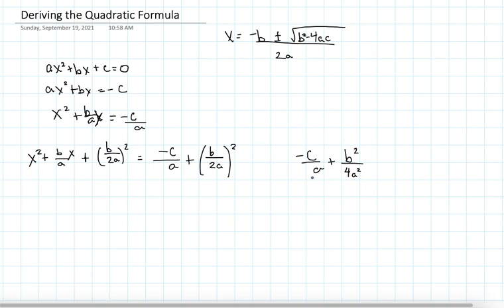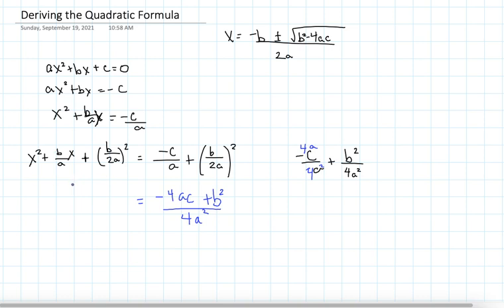All right, so we will need a 4 and a squared. So we need a 4 up here and an a. So now when I combine those two, I have negative 4ac plus b squared, and that's over 4a squared.